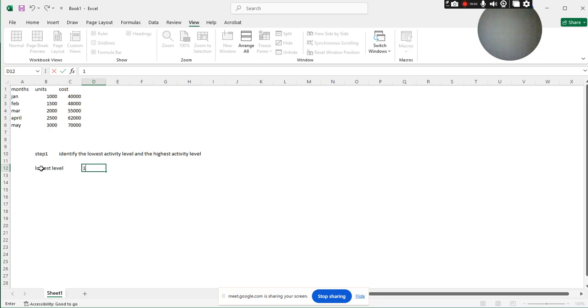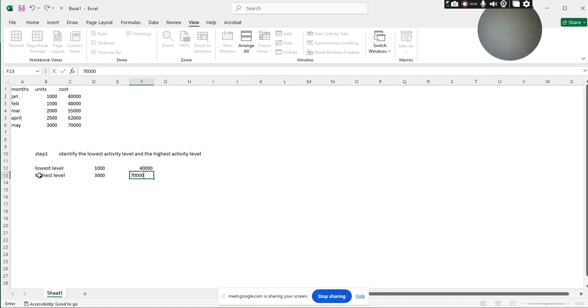To be 1,000, right? Then the cost is 40,000, right? Then the highest level is 3,000, right? Then the cost is 70,000, right?